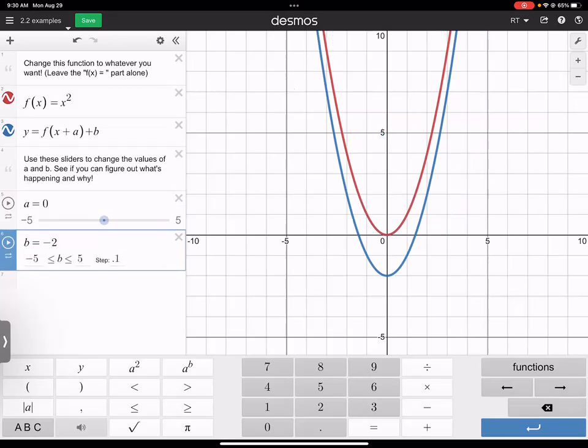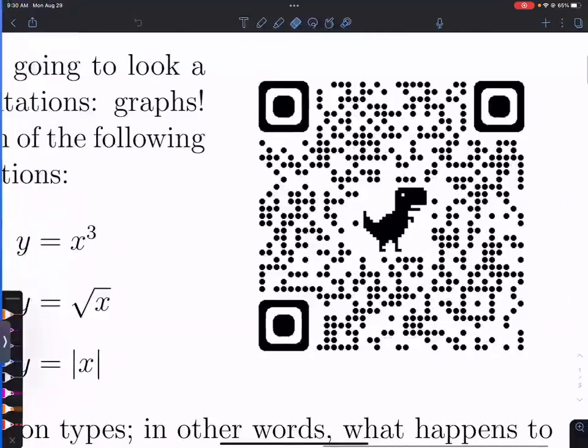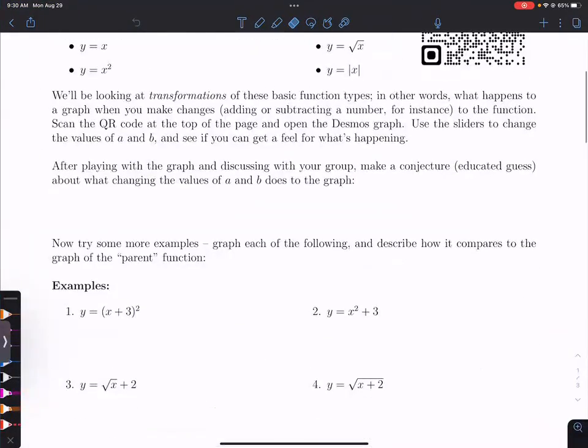Okay, so let's summarize that a little bit. I encourage you to not try to think of this as a set of rules to memorize, like this thing does that. Try to break down what's going on, because there are too many different cases to keep it all straight. Stuff on the inside affects the x values. That's going to move left and right. Stuff on the outside affects y values. That's going to move up and down.